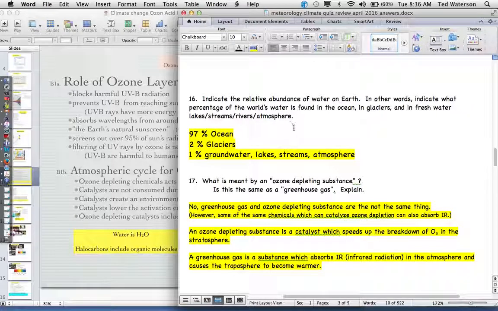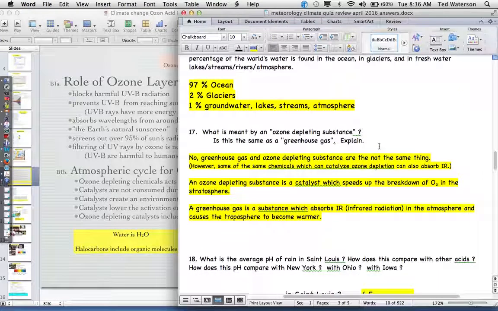Remember how water can, evaporation cools the surroundings, condensation warms the surroundings. Remember, most all the water, I think we know this, is in the ocean, a little bit frozen in those ice cores and those glaciers. And then the water that we use and the fresh water in our atmosphere and the groundwater is really just a small, small percentage of the water on Earth.